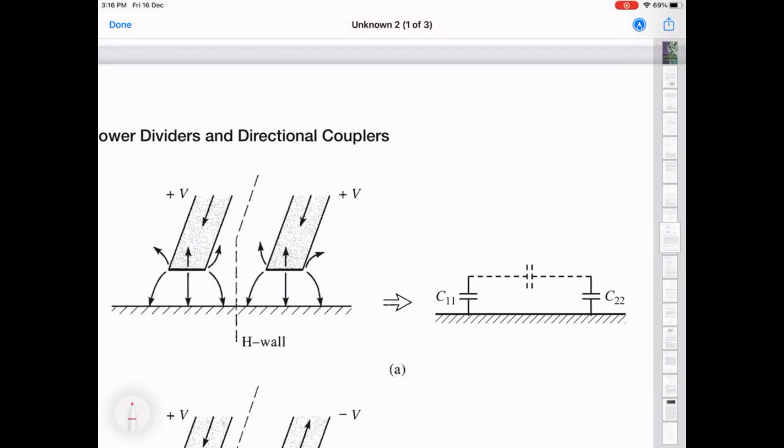So this capacitance in between, which we had earlier drawn, this one, can effectively be removed, right? So you can now think of them as two independent transmission lines with this capacitor not playing any role, the fact that they are close to each other.